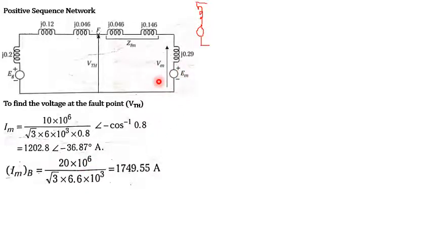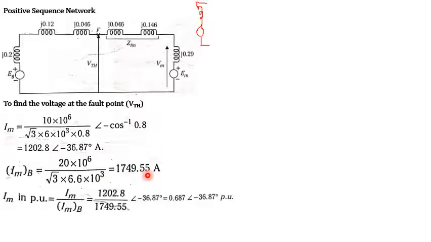The new value we got is 6.6 kV. Okay, so here this value is in terms of MVA, so do not consider any power factor. So this is 20 MVA divided by root 3 into 6.6 kV, we will get 1749.55 amperes.